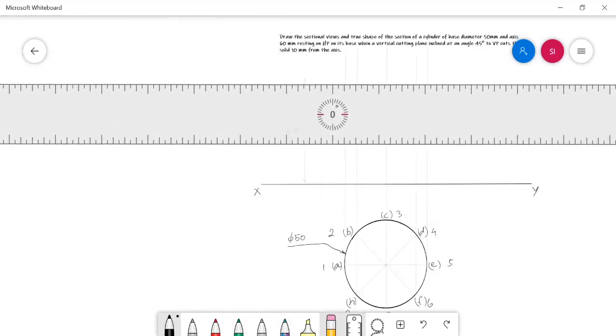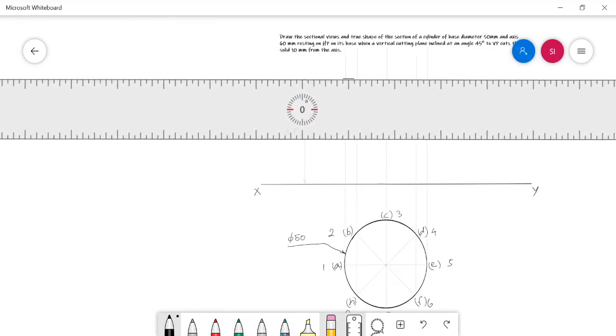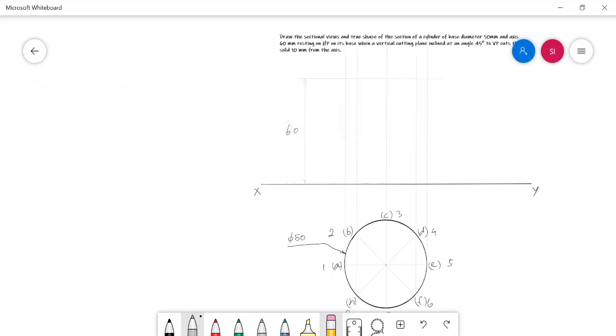So at that height I am marking the face of the solid, followed by marking the points, starting from A dash, B dash, C dash, D dash, E dash, F dash, G dash and finally H dash. I marked them.